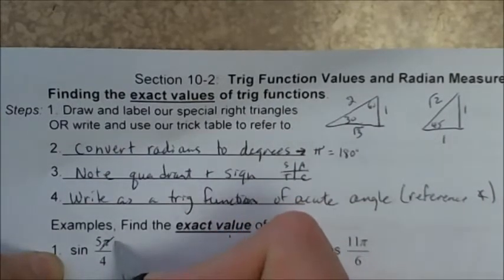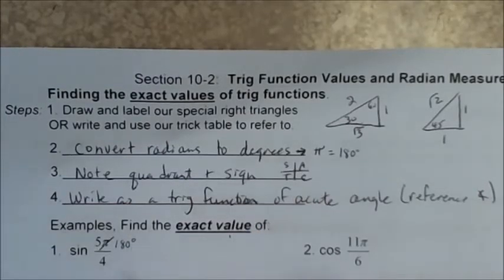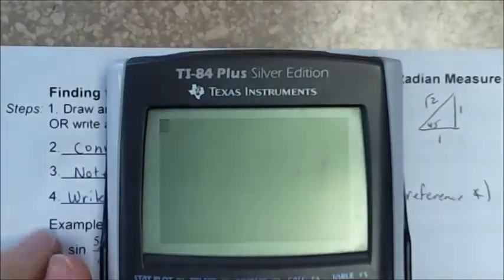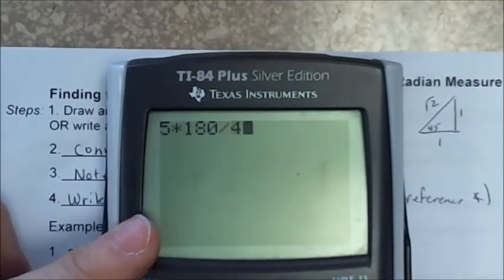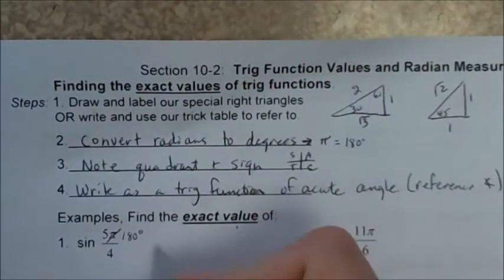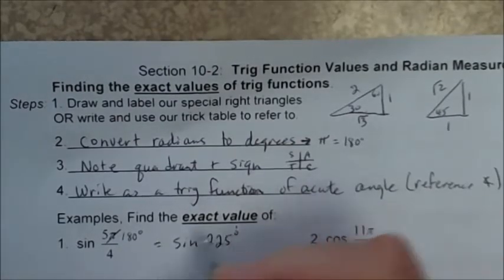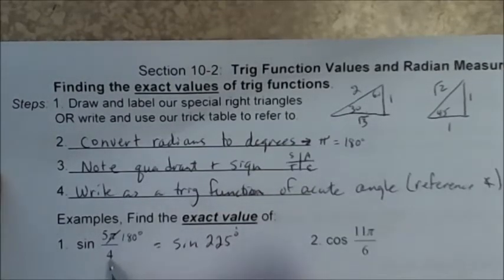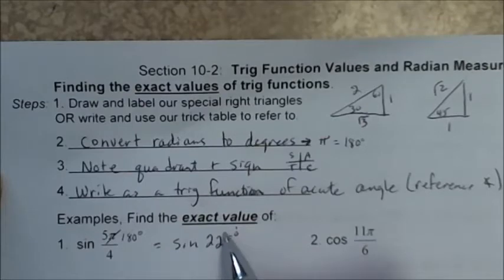So we're just going to take that pi out of there and insert 180 degrees. 5 times 180 over 4. 5 times 180 divided by 4 is 225 degrees. So what we're really asked for is the sine of 225 degrees, because that's how many degrees are in 5 pi over 4 radians.